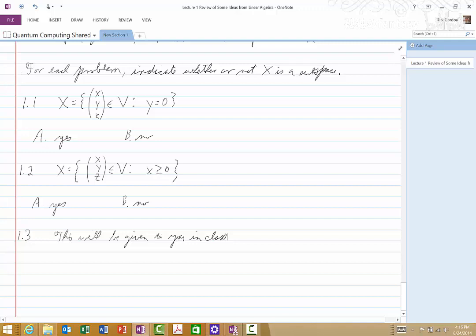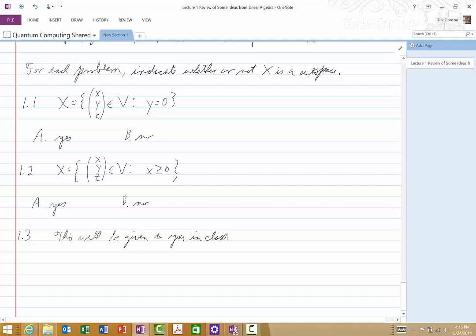Now, you may have a very good feeling for what the answer to this is, but try to work through it and make sure you can turn the crank and see what's going on. So for 1.1, you need to answer the question of whether or not that's a subspace.